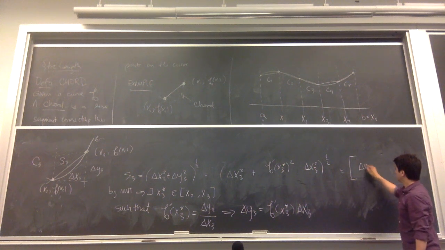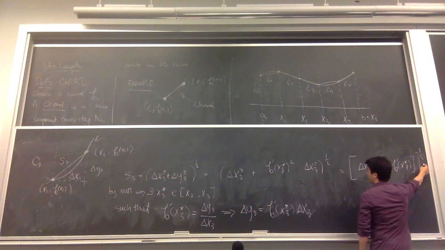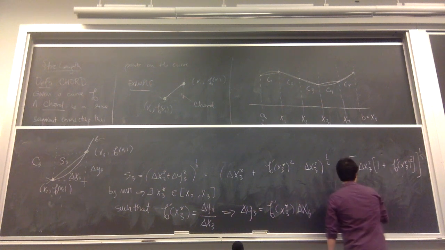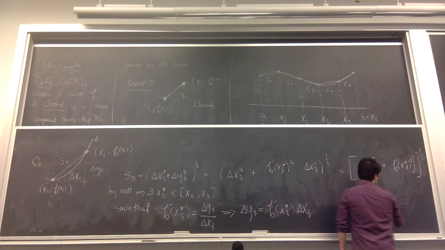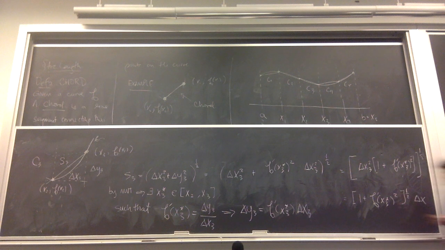This is going to be delta x3 squared times 1 plus f prime squared. Yes, that f prime is squared, and it's all to the power of a half. So we get 1 plus f prime of x3 squared, to the half, times delta x. That makes sense. The power of a half is important. You're still with me.